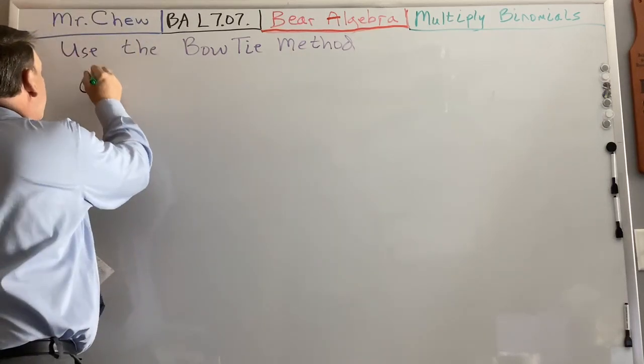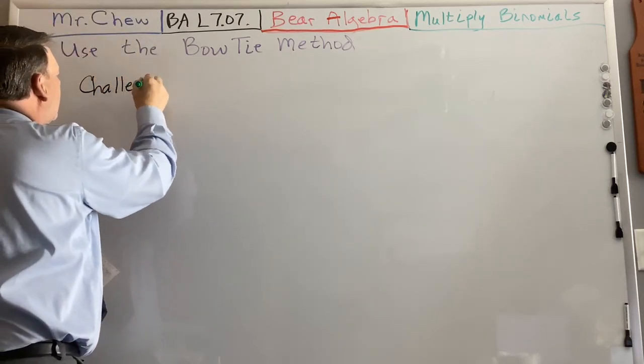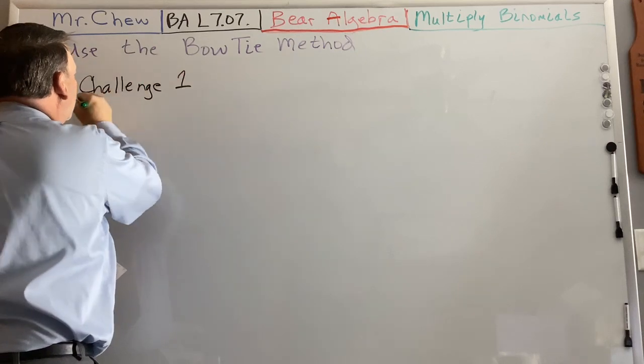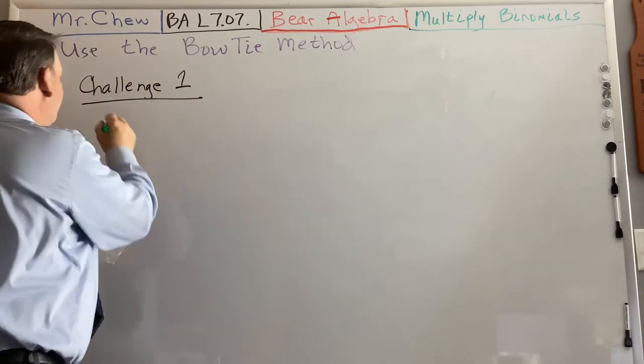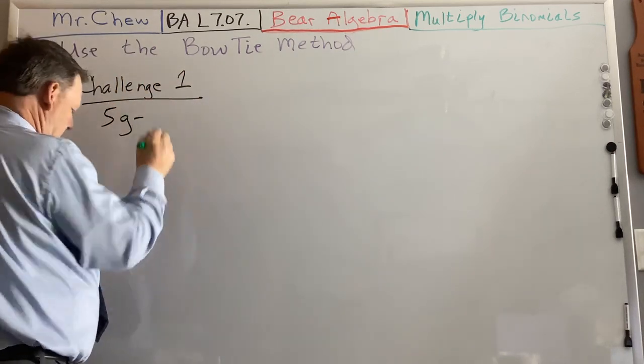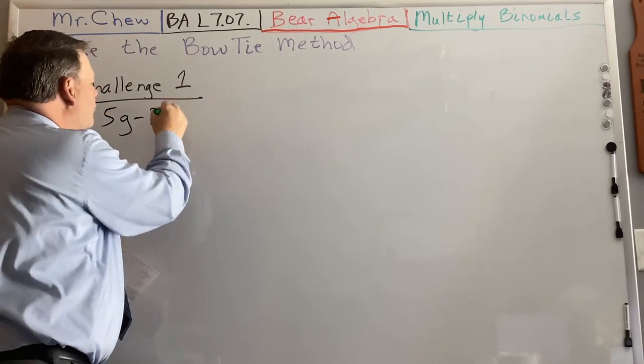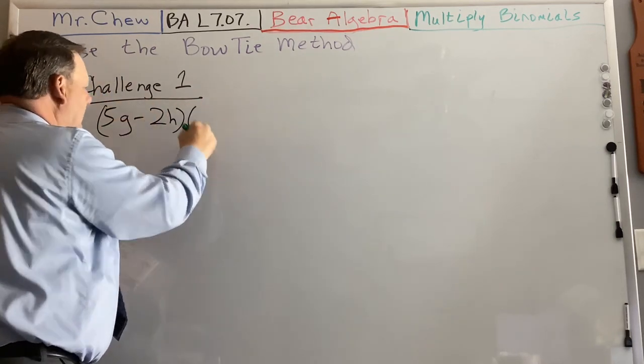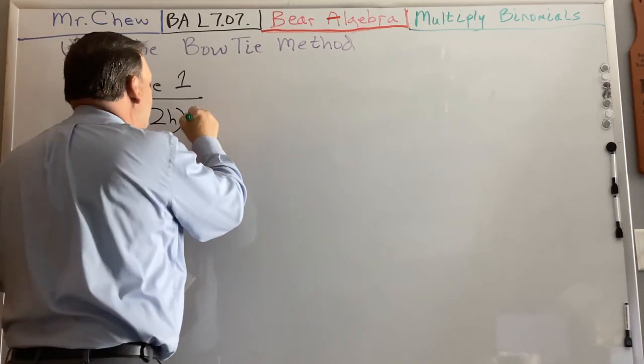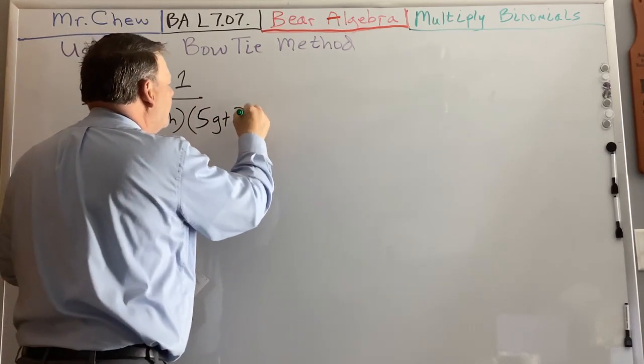So challenge 1 is 5g minus 2h times 5g plus 2h.